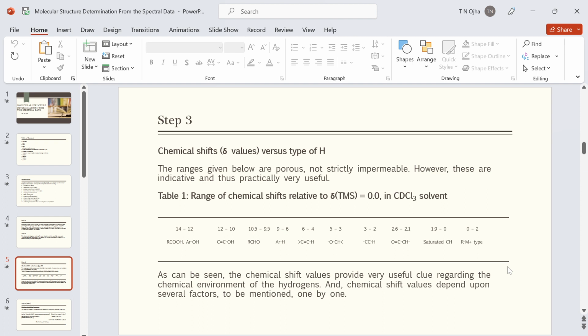Range 0 to 2, alkyl metal types, and beyond we have alkyl hydrides. As can be seen, the chemical shift values provide a very useful clue regarding the chemical environment of the hydrogens. And chemical shift values depend upon several factors. We will be discussing these factors in later videos.